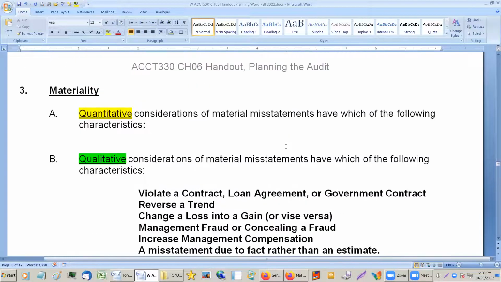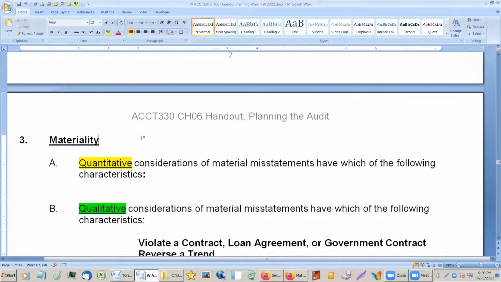A question that is very common of everyone who does auditing, and not just students, but people actually working in it, is what is material? And what is material is a judgment call.